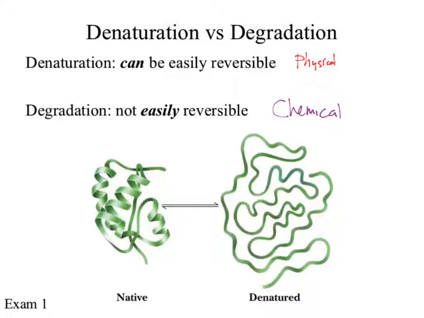When we're talking about our chemical, reversing a chemical reaction means lots of energy going into it. Not an easy process to reverse. The physical is not that big of a deal. Someone spray painted the outside of the building? Well, I can just put a new coat of paint on it. Not that I recommend you spray paint the building. At least not in a recording.